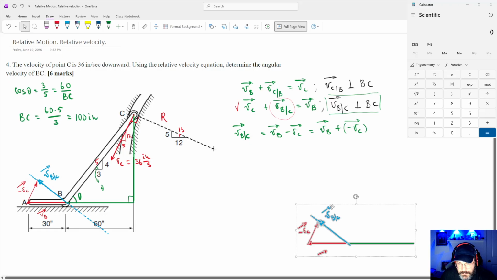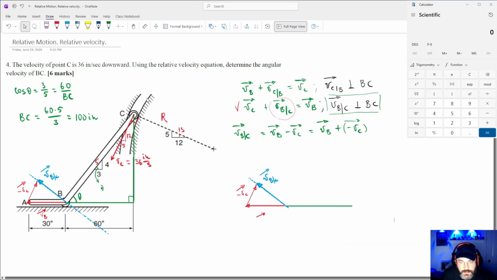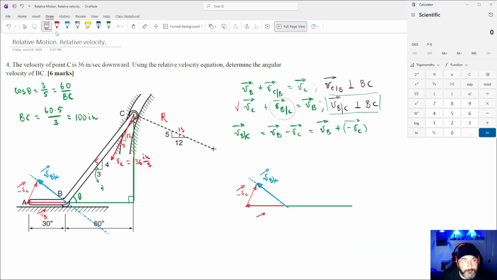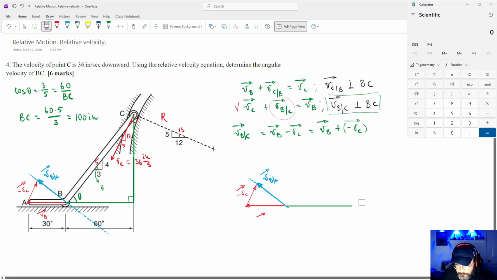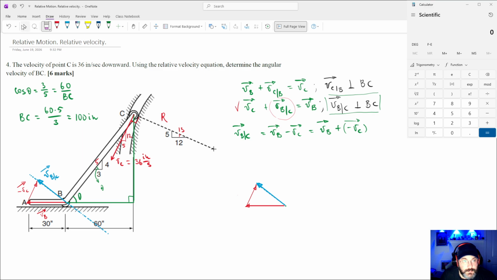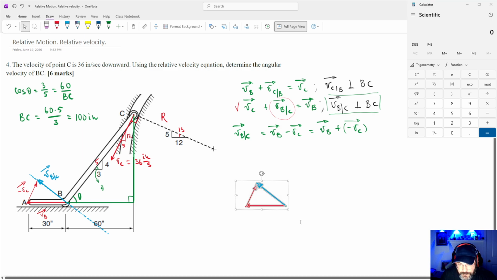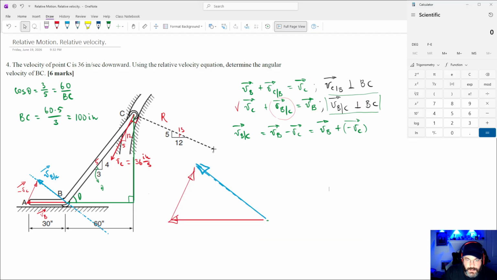Let's see if we can do something like this. So you don't need to redraw it, we'll just make it larger. Okay, so this is good.